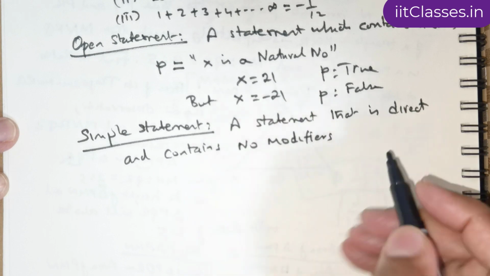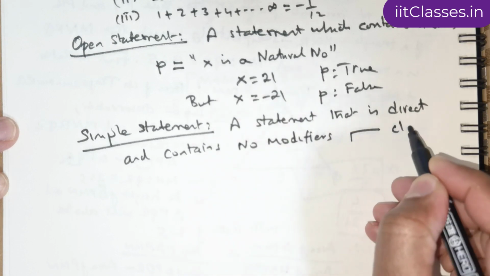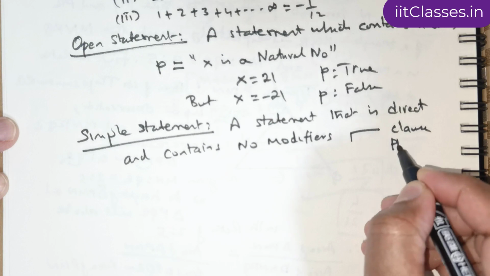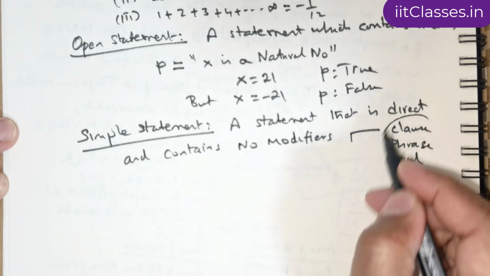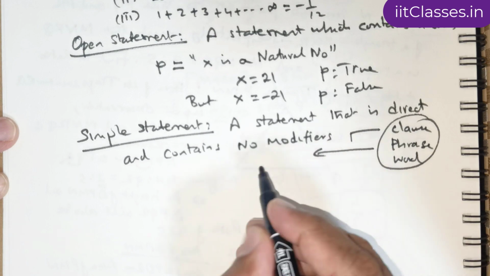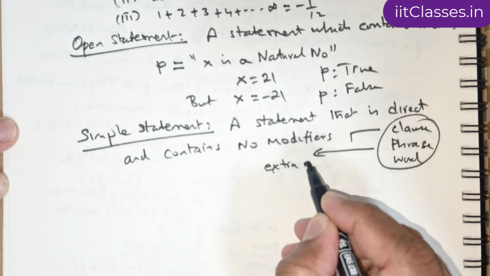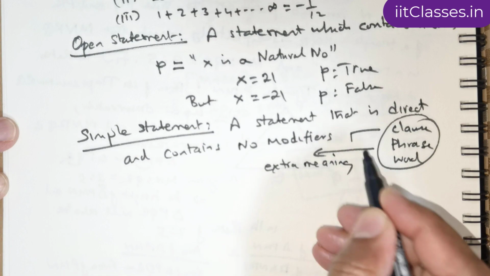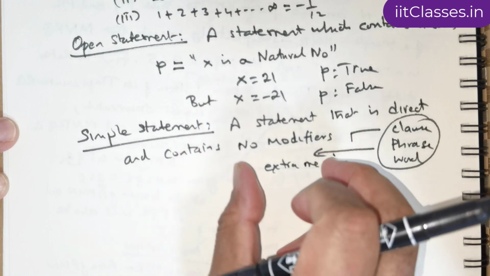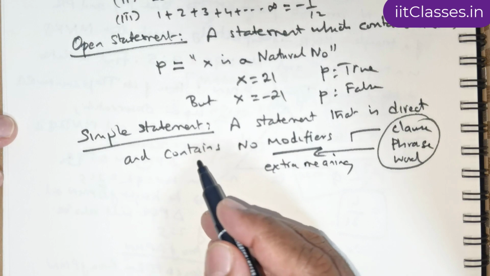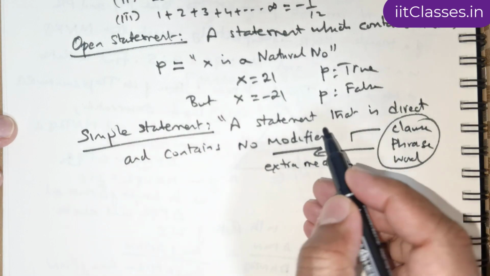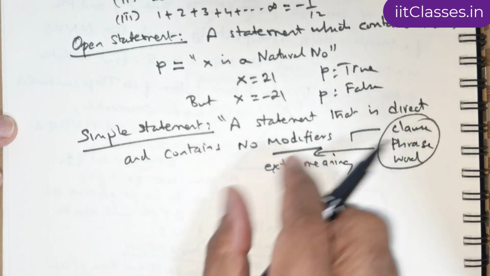Now, what is the meaning of modifier? Modifier is nothing but it can be a clause or a phrase or a word which is actually used to provide extra meaning to the sentence. So we don't have such entities in a simple statement. So the best way to define is a statement that is direct and contains no modifiers.